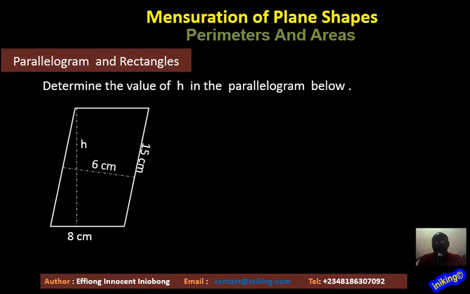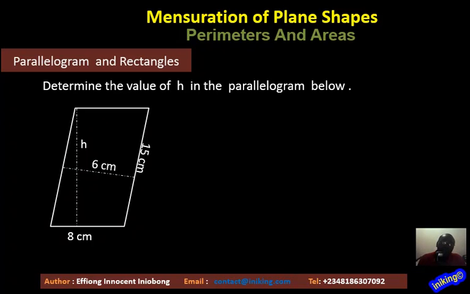Here we are told to determine the value of h in the parallelogram below. We can see the two sides given as 8 centimeters and 15 centimeters. And also the two heights are indicated. One is 6 centimeters. That 6 centimeters, you will agree, corresponds to the 15 centimeter side as the base.